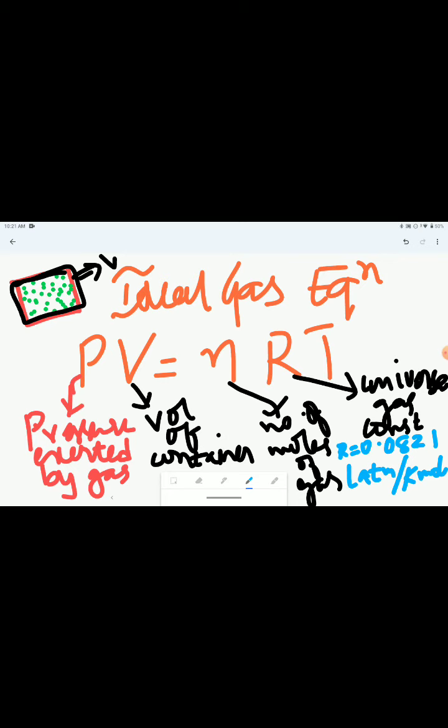This is the universal gas constant, and it should be remembered to solve questions. And T is temperature, which should always be taken in Kelvin because its unit is Kelvin.